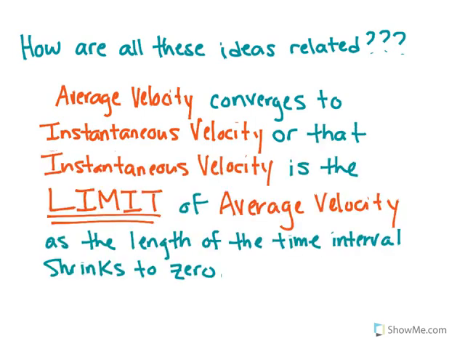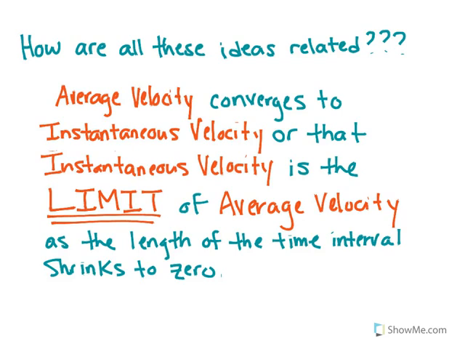Or that instantaneous velocity is the limit of average velocity as the length of the time interval shrinks to 0. Again, remember, we're trying to get T0 and T1 as close together as possible, so that distance approaches 0. And that's exactly what a limit is. We're trying to get as close to a value as possible.